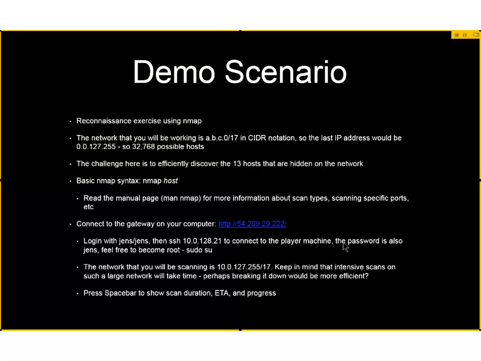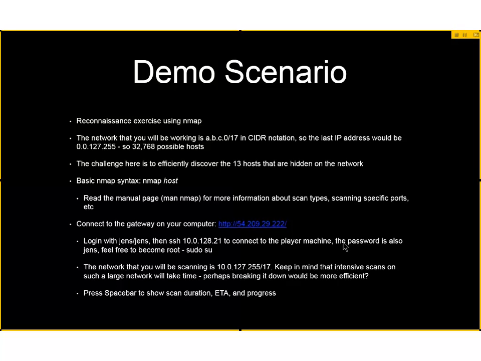It's a reconnaissance exercise, as I said earlier, using Nmap. We're scanning a /17 network in CIDR notation, so there are 32,768 possible locations where hosts could be. We are trying to find the 13 hosts that are hidden somewhere in this possible range. It's like a needle in a haystack.